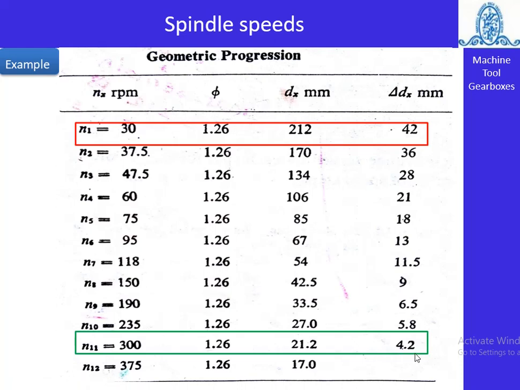So at higher spindle speed steps the delta dx is narrow, or redundant. Compared to arithmetic progression, in geometric progression at lower spindle speed steps, the delta dx we have calculated is not as wide, isn't it?